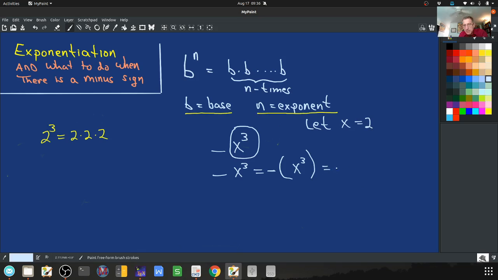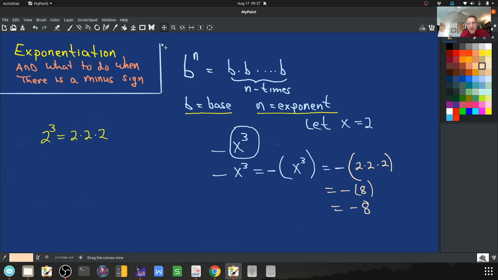So that's the same as minus, I'm going to change colors here. My base is 2, so that's 2 times 2 times 2. So that's equal to minus 2 times 2 times 2 is 8. So the answer turns out to be negative 8.